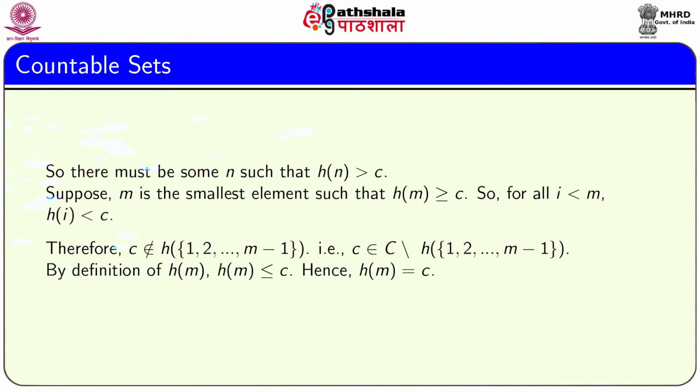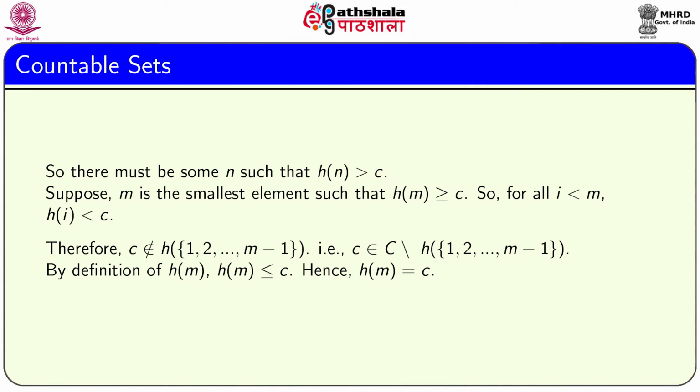Suppose m is the smallest element such that H(m) is greater than or equal to C. So, for all i less than m, H(i) is strictly less than C, and therefore C is not in the image of the set {1, ..., m-1} under the map H, that is, the point C is inside C minus H({1, ..., m-1}).